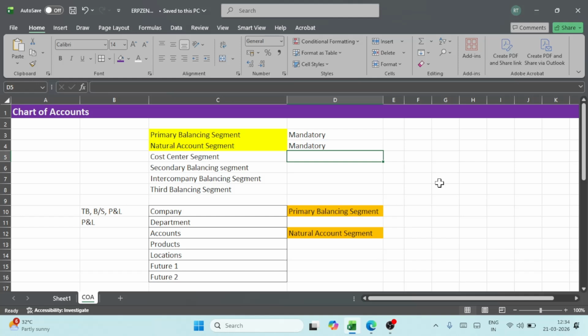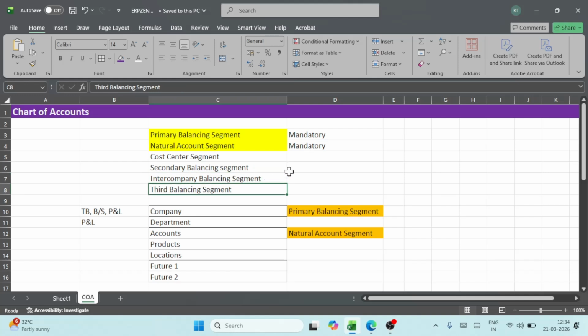From the report standpoint, we can say them as dimensions. Now, when you define the segments, the identified segments will be linked with the segment labels. So let us understand what the different segment labels are: primary balancing segment, natural account segment, cost center segment, secondary balancing segment, intercompany balancing segment, and third balancing segment.